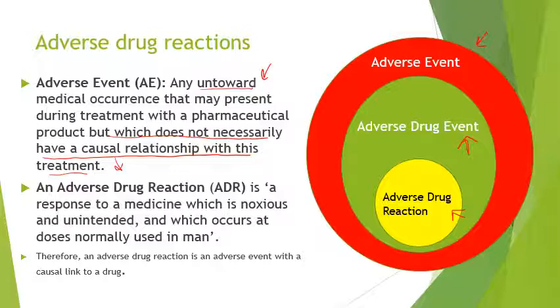Now we will talk about adverse drug events. The only difference here is the word drug. Adverse drug events mean any untoward medical occurrence that is related to the medication. As you have read about medication error, it could be because of any of the reasons: medication error, adverse drug reaction, overdose, allergy, anything.